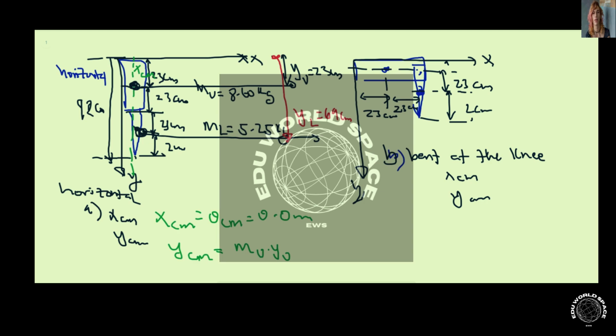So y center of mass equals the mass of upper leg times y upper leg plus mass of lower leg times y lower leg, all over the sum of the masses, like that. Plug in the numbers: 8.60 kilograms times 23 centimeters plus 5.25 kilograms times 69 centimeters.